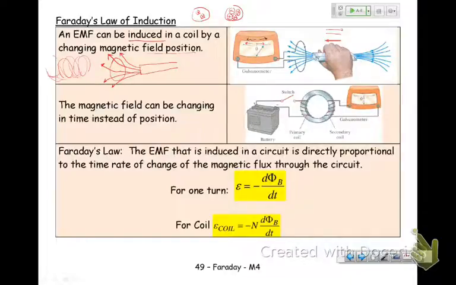Well, I know enough about magnetism now to know that I can create a magnet using a current going round a coil. So I don't need this bar magnet. I just need a magnet. So let's make the magnet electrically.